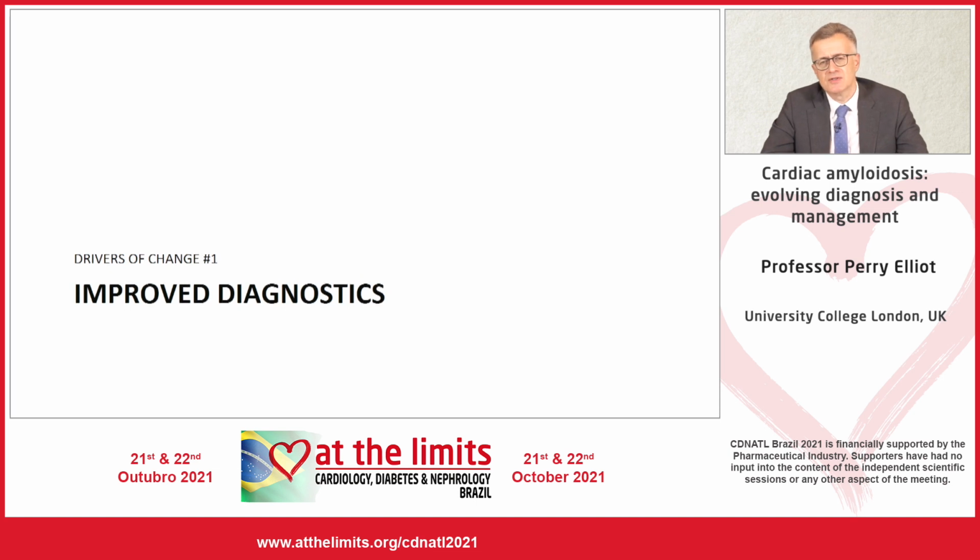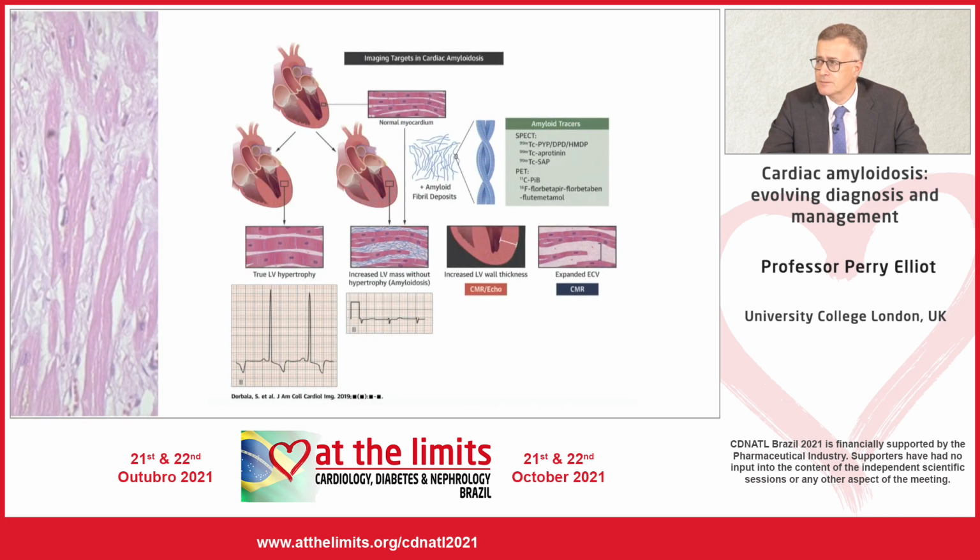Now, with regard to amyloidosis, I think there are three major drivers of change, and the first of those is improved diagnostics. With regard to the detection of amyloidosis, we have the electrocardiogram, which gives us indirect measures of infiltration, the small voltage.